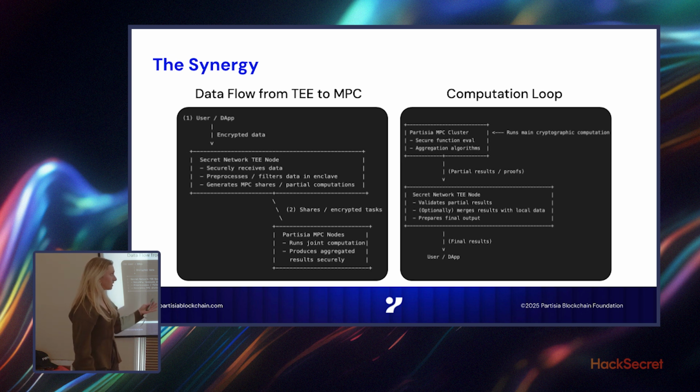The Partisia MPC node or cluster would run some of the computation, not most of it because a lot of the pre-processing already happened, but some of it, like analytics. Then those partial results and a lot of these proofs would go into the Secret Network TEE node back again.